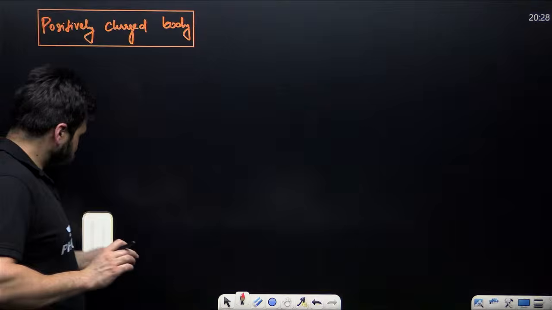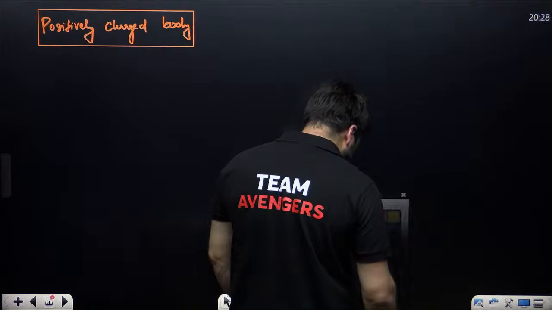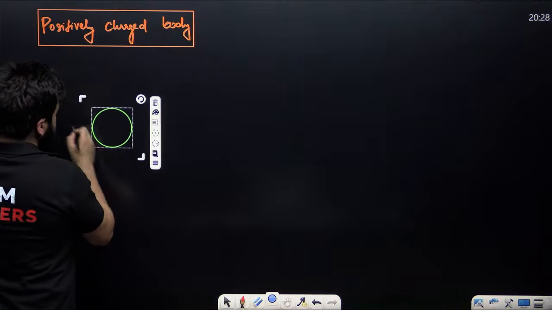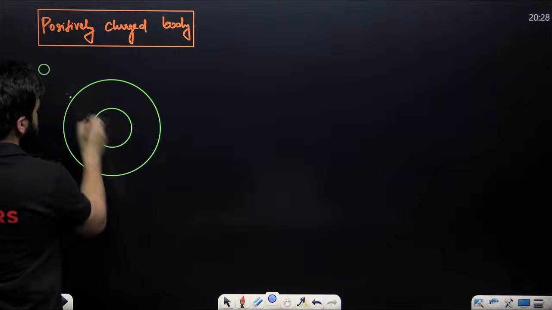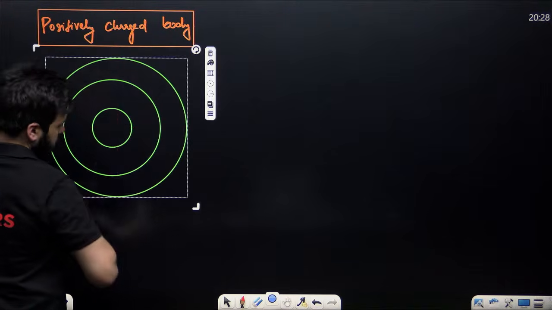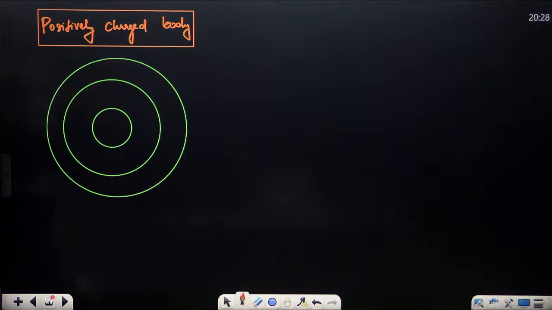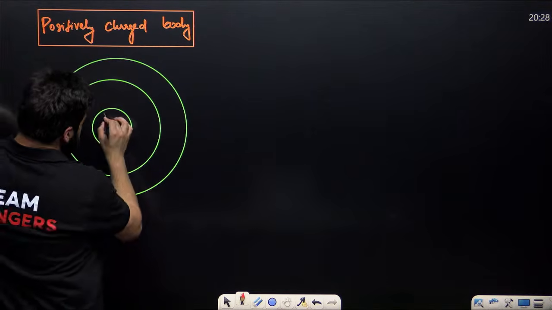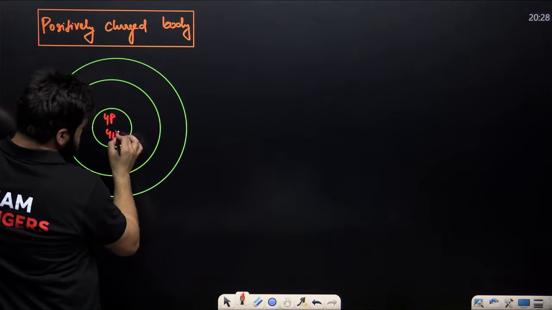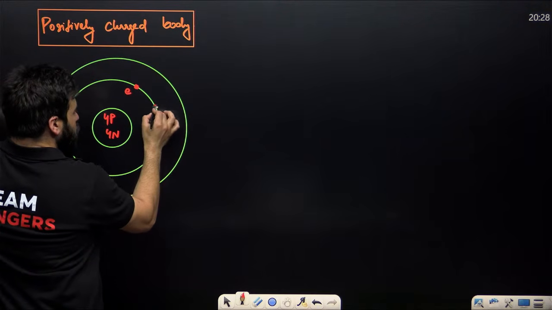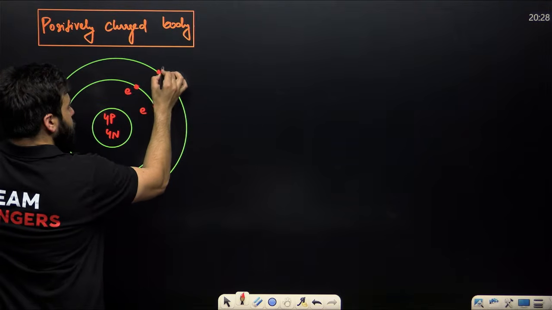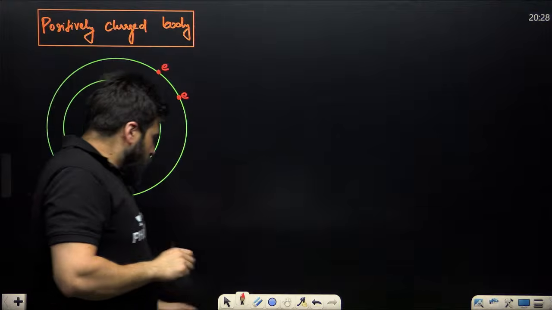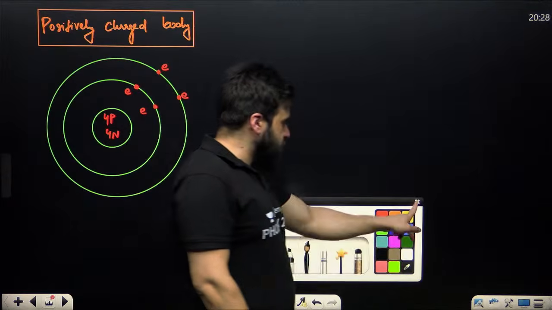Now take a look. Positively charged body. Listen, guys. Let's suppose I am taking a neutral atom over here. Let's suppose this neutral atom contains 4 protons and 4 neutrons. And around this you have an electron, one more electron, one more electron, one more electron. Could you please tell me in this particular case, how much is the positive charge?